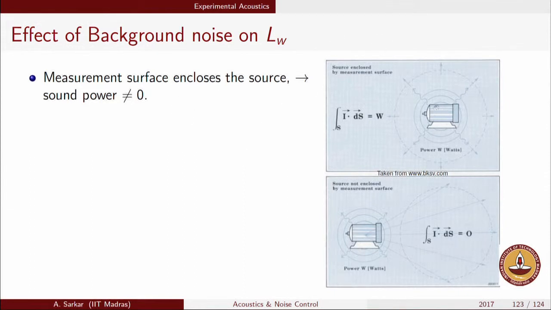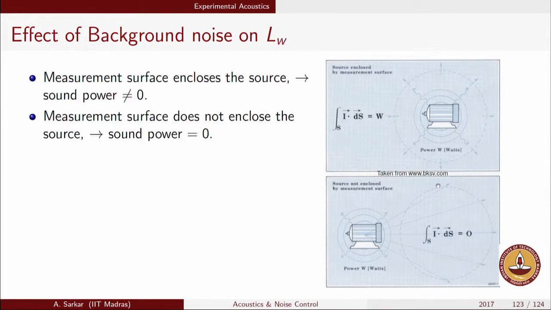Here we have a source; again this drawing has been downloaded from the primer on the Bruel and Kjaer website. What we know for sure is that if the measurement surface encloses the acoustic source, then the sound power passing through this surface is going to be a non-zero quantity.